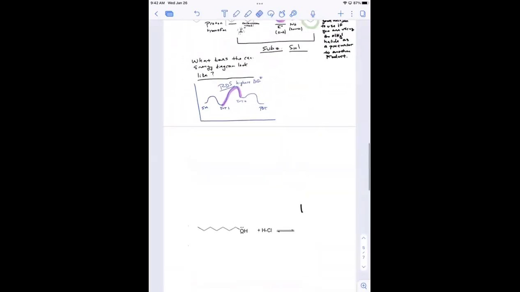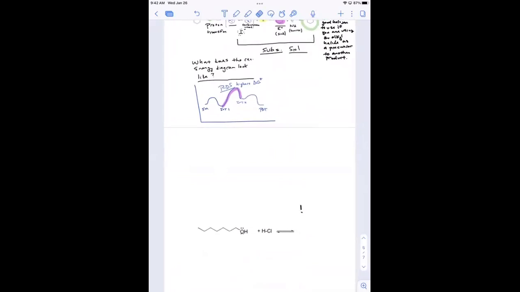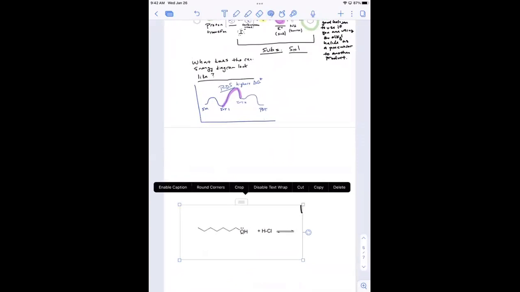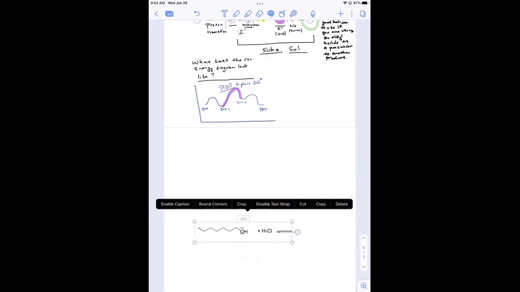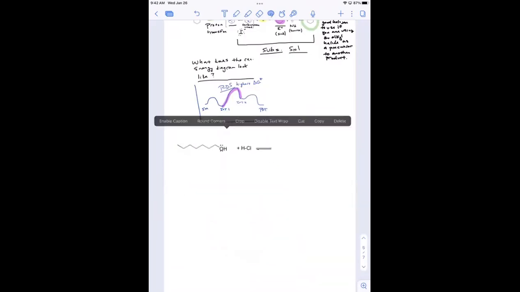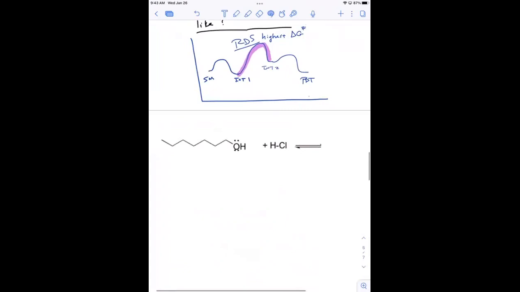So actually let's look at this one. All right, let's look at this reaction right here. Notice the difference here is that this is a primary alcohol.